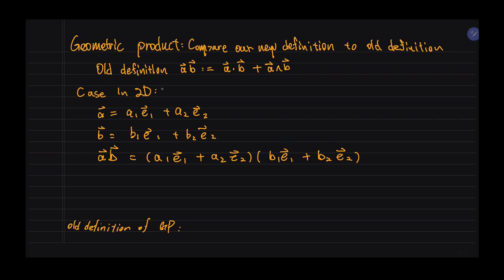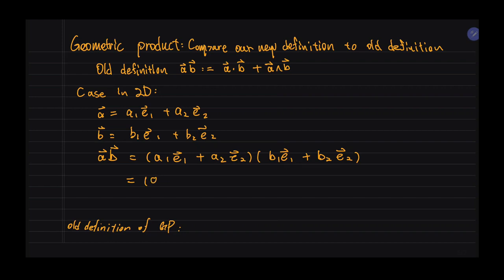So we are interested in the case of 2D. We have a vector A and vector B, and we use an orthonormal basis. Vector A is A1 e1 plus A2 e2, and vector B is B1 e1 plus B2 e2. Then we take the geometric product from A to B using the new definition.